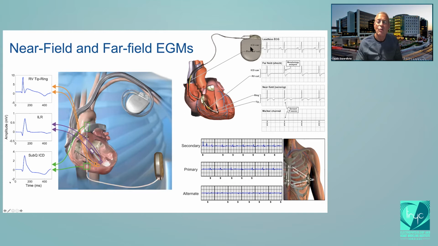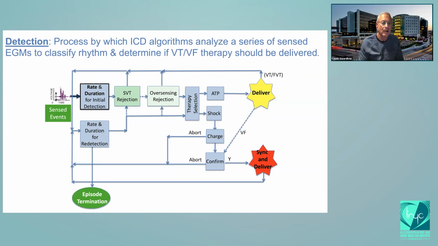That typically means one electrode is far from the heart. And so, for example, a common one would be the signal between the surface of the generator housing, which we euphemistically call the can, and the right ventricular defibrillation coil. And this is good for telling the morphology of signals. As we'll see, it's not as accurate for determining timing.